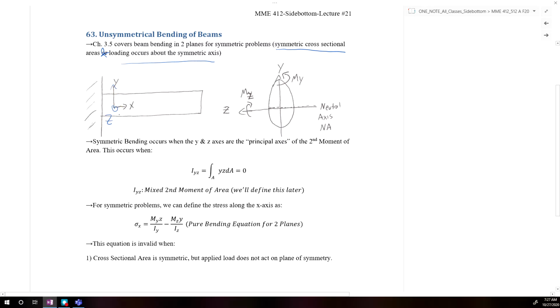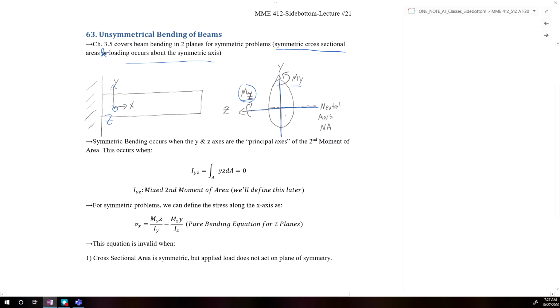We have two bending moments that occur about our neutral axis, where the stress due to those bending stresses would be equal to 0. So the stress due to the moment Mz would be 0 along the horizontal neutral axis, and the stress due to the applied moment along the y-axis would be equal to 0 along the neutral axis that's going along the vertical direction.